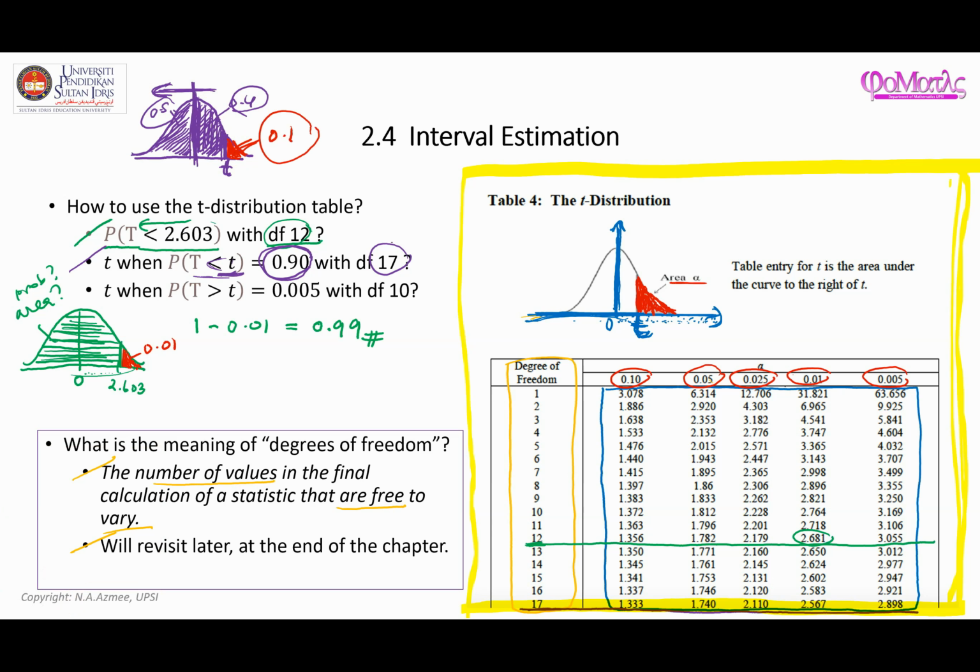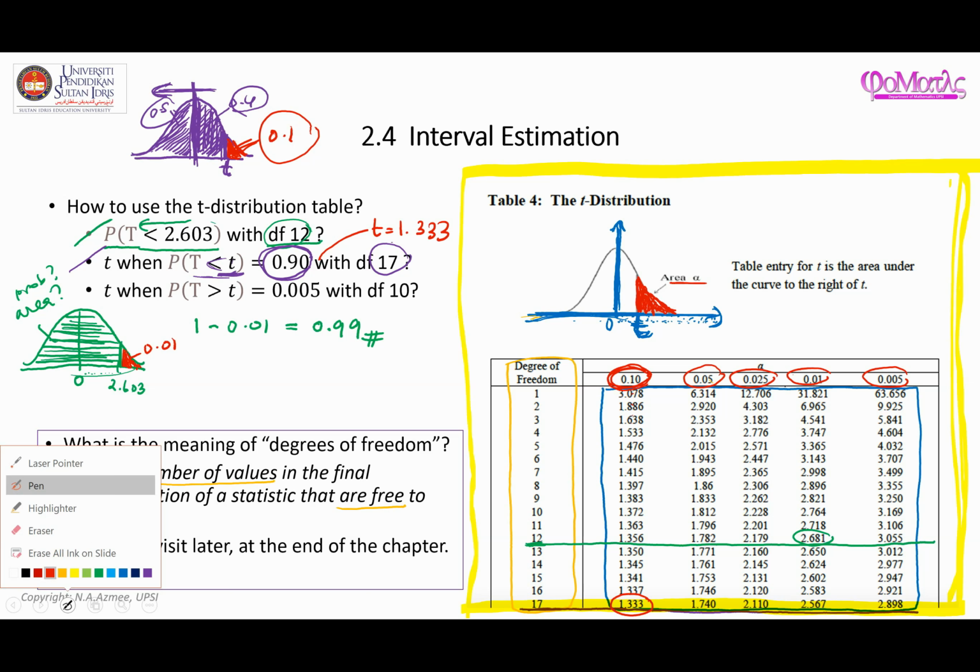So we can go and find out what is 0.1. 0.1 is the same as 0.10. So this is the area that we're looking for, and if you go and read, the value of t is 1.333. Okay, so for this one, the answer is t is equal to 1.333.